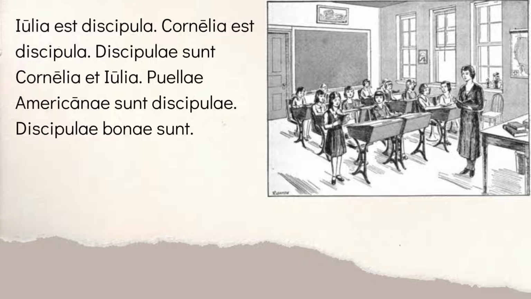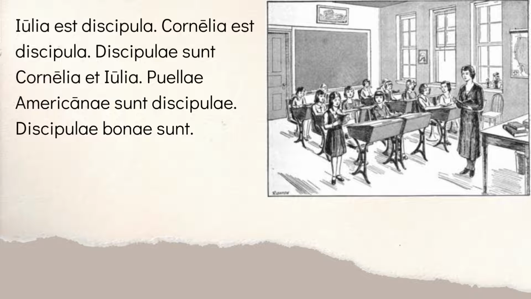Something different is happening here. Instead of discipula, we have discipulae. That's the difference between singular and plural in Latin in this particular instance. When you see discipulae, the AE ending, it doesn't mean a student, it means the students, plural, because now we're talking about two of them. So when you say discipulae sunt Cornelia et Julia, you're saying the students are Cornelia and Julia.